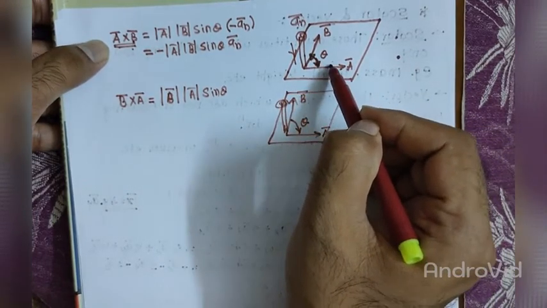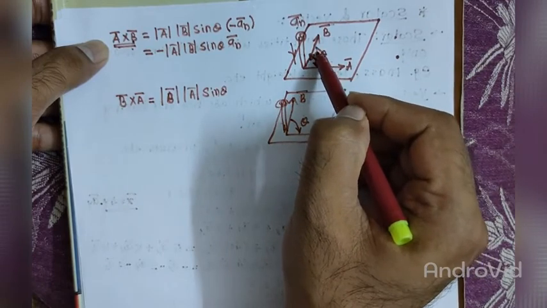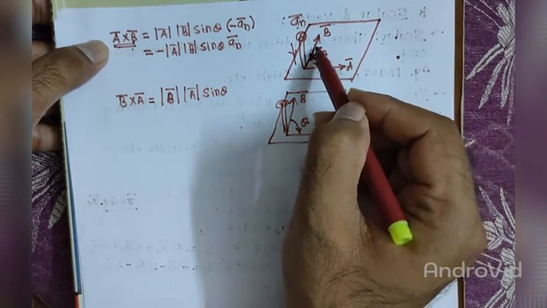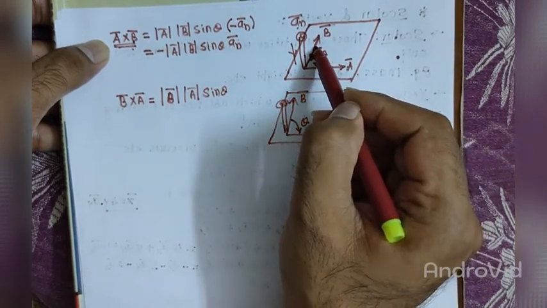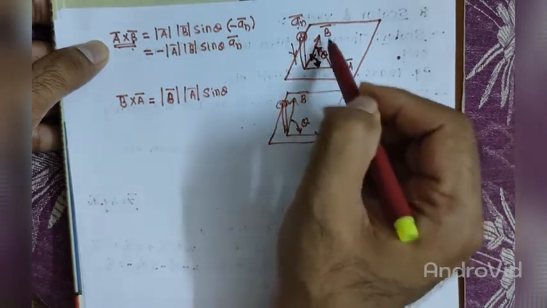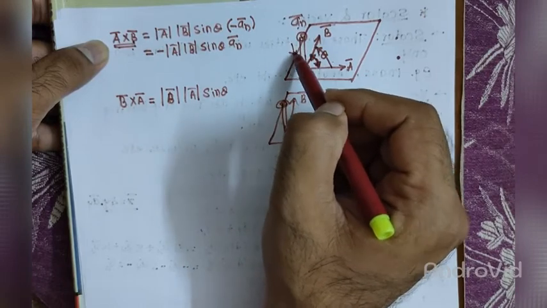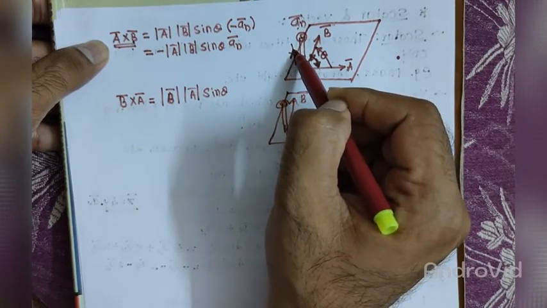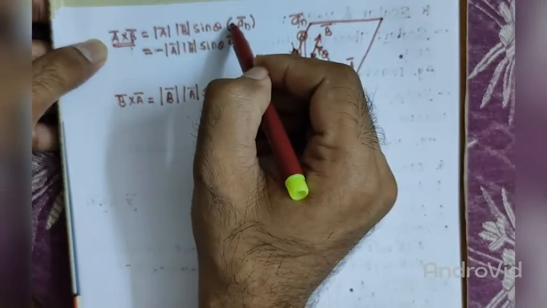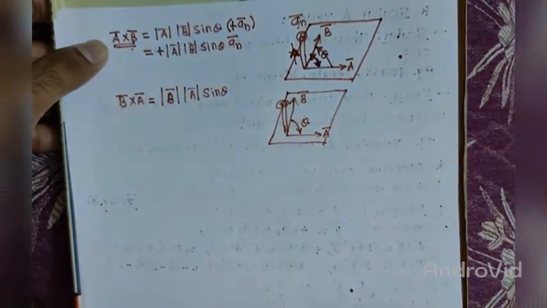So the angle is starting from A and ending at B. It means it is anti-clockwise direction. So if we move this screw in anti-clockwise direction, it will be moving in upward direction. This is not minus n, then it will be plus n bar.